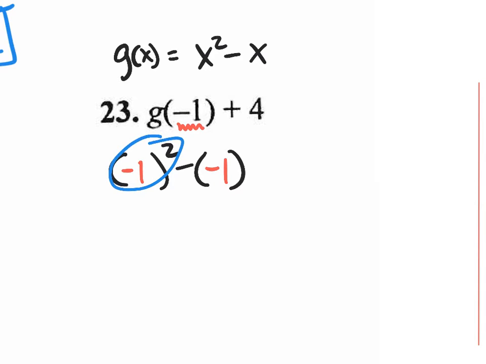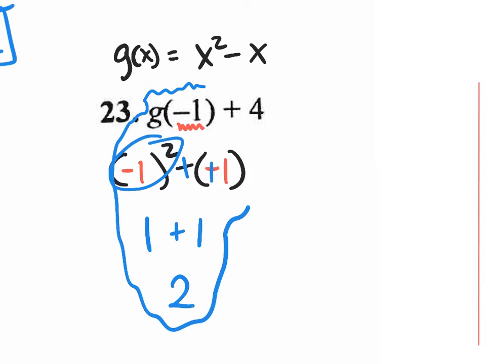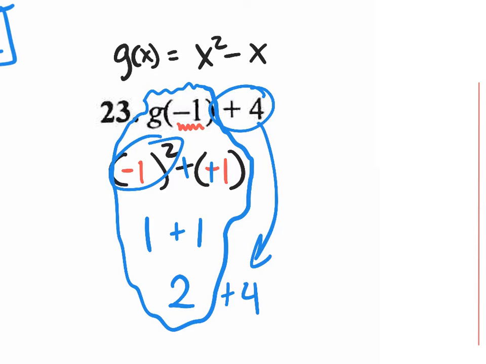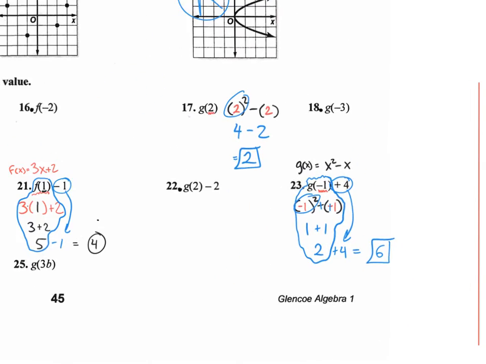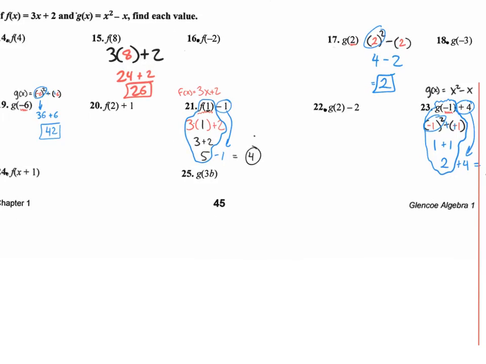Negative 1 squared, that's actually positive 1. 1 plus 1 is 2. And that's barely the work for g of negative 1. We still need the plus 4, so we bring that down, plus 4, and 2 plus 4 is 6. And we're done.